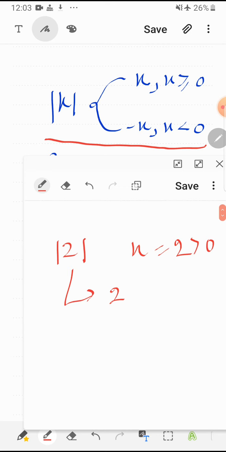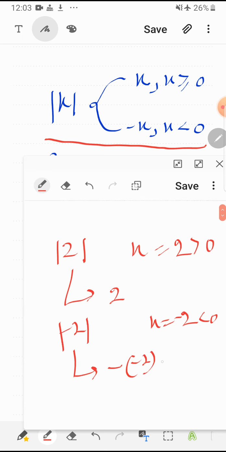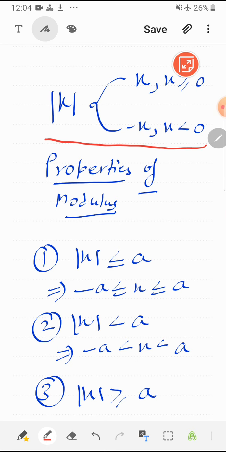But when I take the modulus of minus 2, according to the definition here x is minus 2, which is less than 0, so mod should be minus x. So minus x means minus of minus 2, which is 2. So that is why proper care is taken that the definition gives the same result that constants are giving, but in variables we have to be alert. So this is the definition.